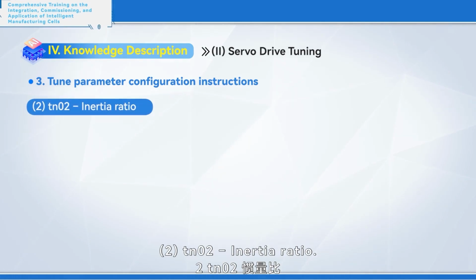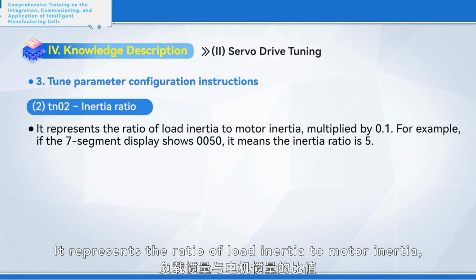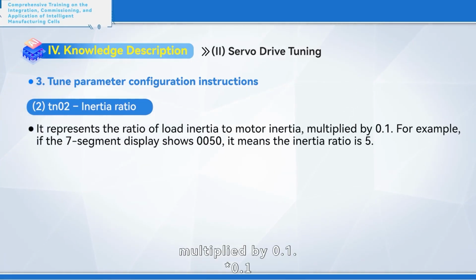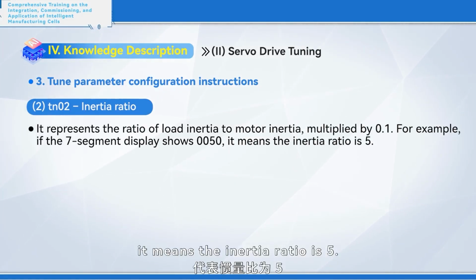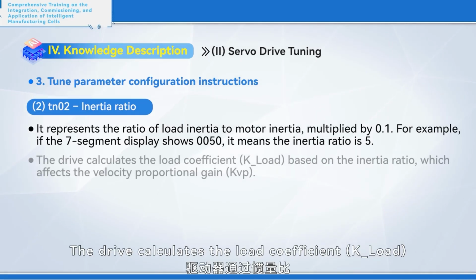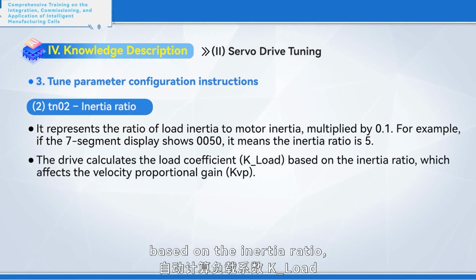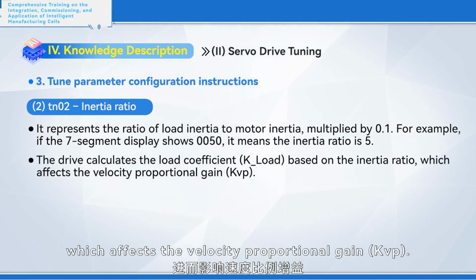2. TN02: Inertia ratio. It represents the ratio of load inertia to motor inertia multiplied by 0.1. For example, if the 7-segment display shows 0050, it means the inertia ratio is 5. The drive calculates the load coefficient, K-load, based on the inertia ratio, which affects the velocity proportional gain, KVP.